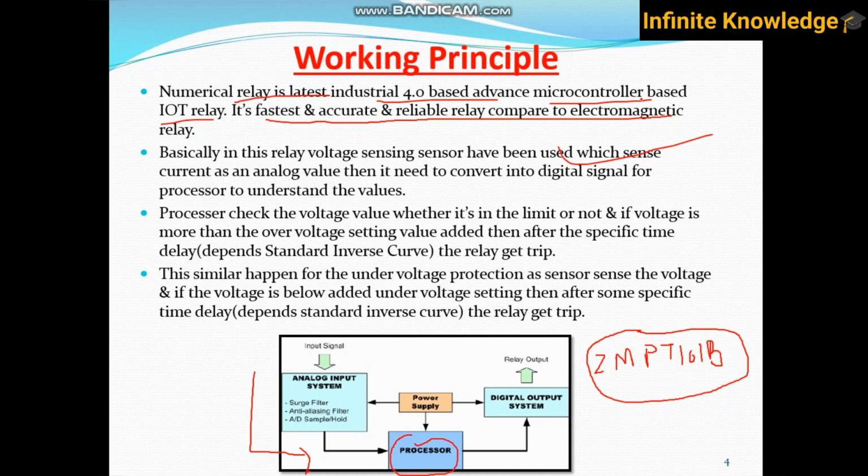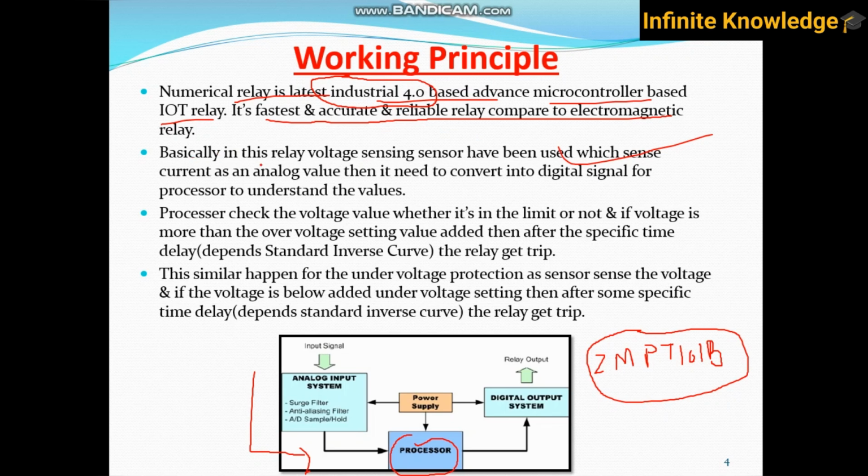And as time passes, due to depreciation and degradation of those components, we are getting lower accuracy. Okay, so that's why we have developed the numerical relay, a very advanced relay, and that is used in Industry 4.0. Industry 4.0 is the latest trend. All the industries are now working on this level.